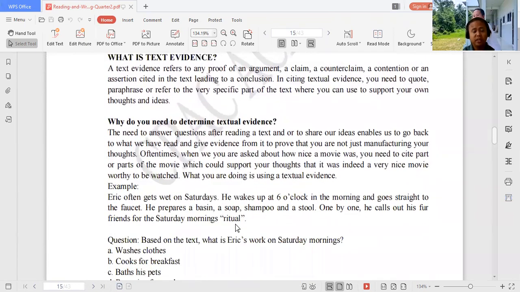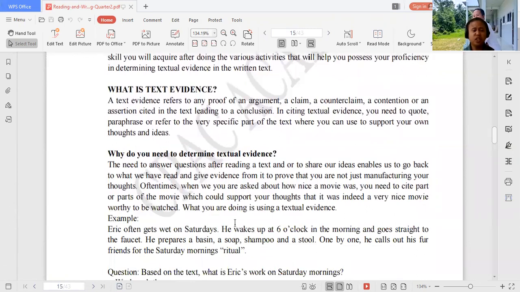Why do you need to determine textual evidence? Okay. The need to answer questions after reading a text and or to share our ideas enables us to go back to what we have read and give evidence from it to prove that you are not just manufacturing your thoughts.